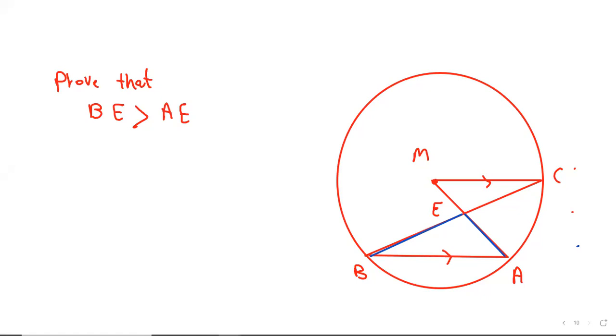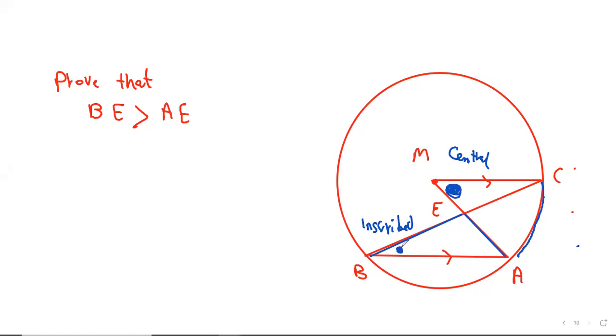AB is a chord in the circle M, and CM is parallel to AB, as you see. And DC intersection AM equals E. Prove that BE is greater than AE. So let's have a look at this angle and this angle. This angle is a central angle, and this angle is an inscribed angle, and they are subtended by this arc here.